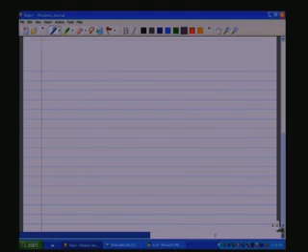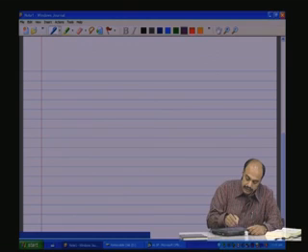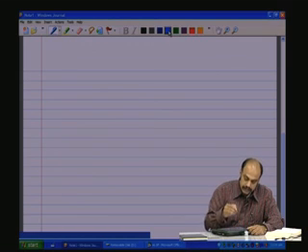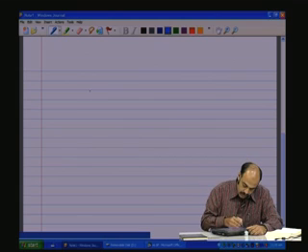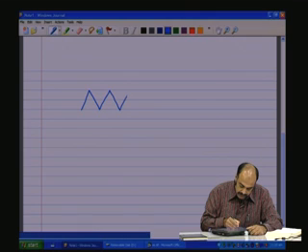So now let us see if we apply a three phase sinusoidal waveform, how does it look. So we generate a three phase sinusoidal waveform by the method that we followed before.